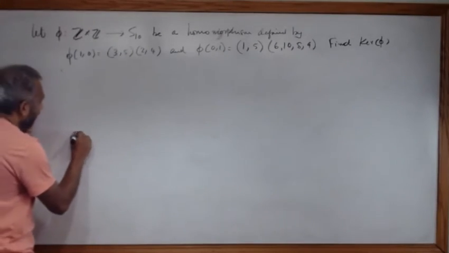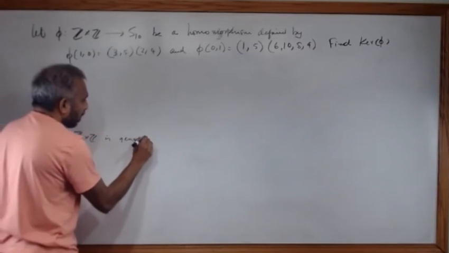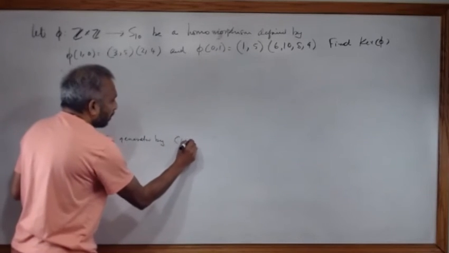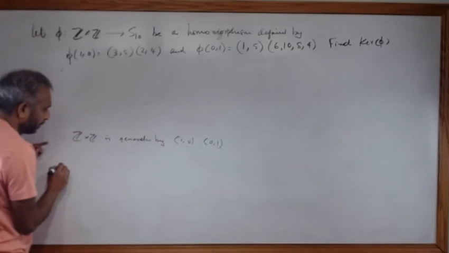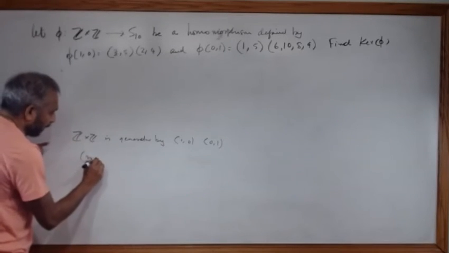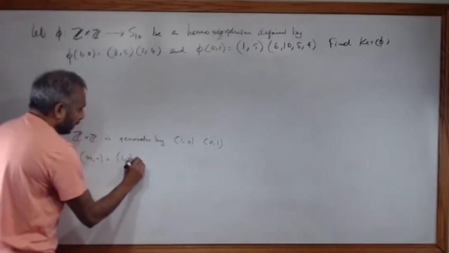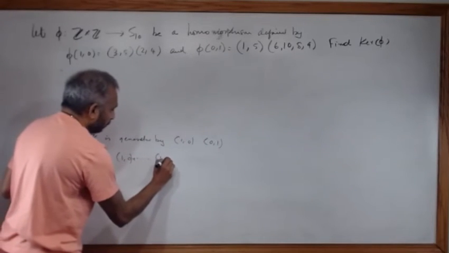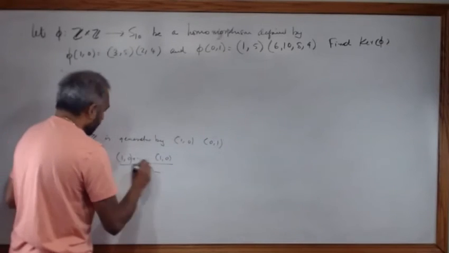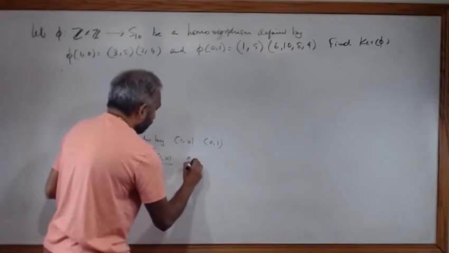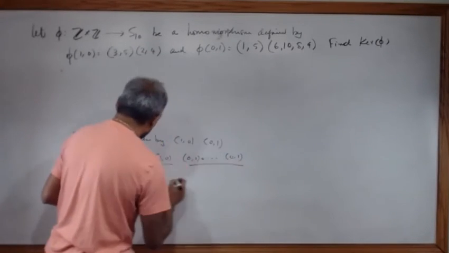See, C cross C is generated by (1, 0) and (0, 1), because any element of C cross C, let us say (m, n), can be written as (1, 0) plus ... plus (1, 0), m times, and (0, 1) plus ... plus (0, 1), n times.